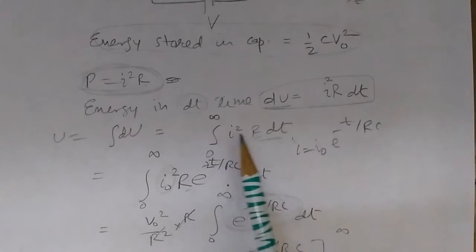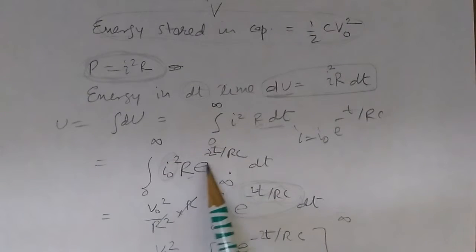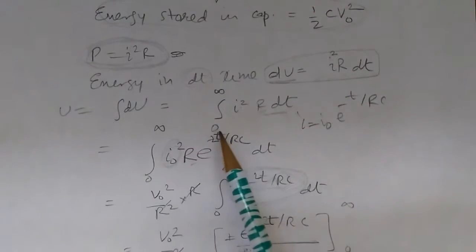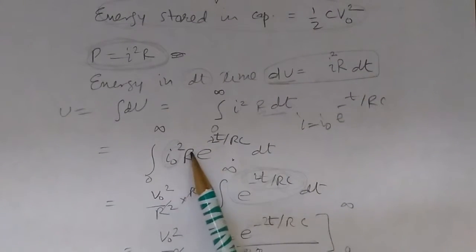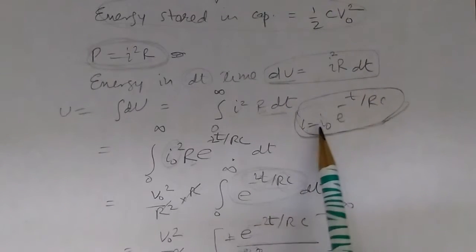So dU is I square R dt, and R is constant, so it comes out, and I is given by I naught e to the power minus t by RC. So this whole thing becomes the integral from 0 to infinity of I naught square e to the power minus 2t by RC, because this is the expression for I, which varies with time. By squaring it, it becomes I naught square e to the power minus 2t by RC.